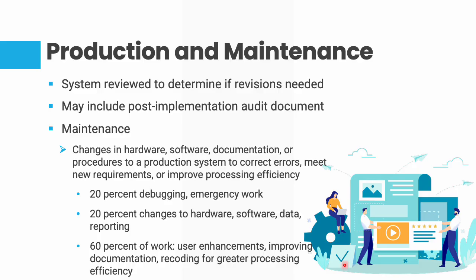We can break the maintenance work into three parts. 20% for debugging and emergency work. This is like fixing a flat tire. It's unexpected work to correct errors or problems that pop up after the system is live.